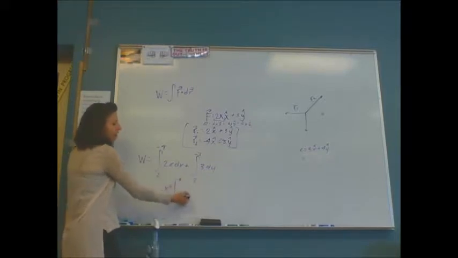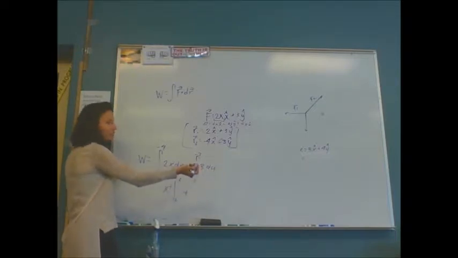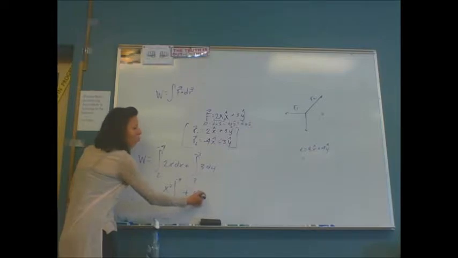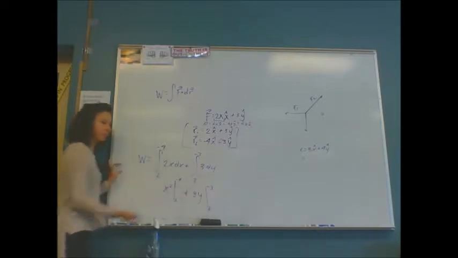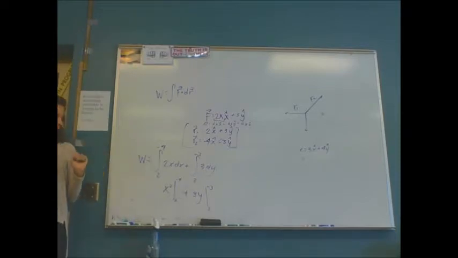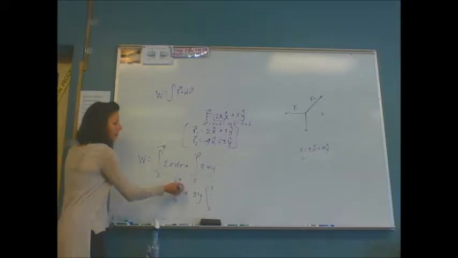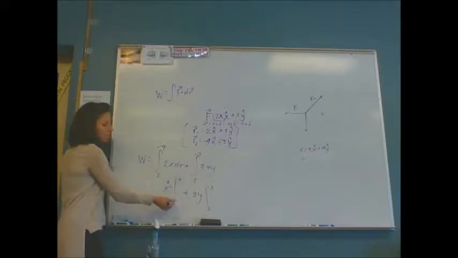When you evaluate your integral, you evaluate the upper bound first, minus the lower bound. So it would be negative 4 squared minus 2 squared, plus 3 times negative 3, minus 3 times positive 3.